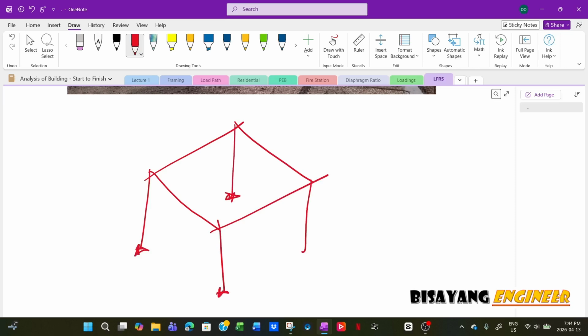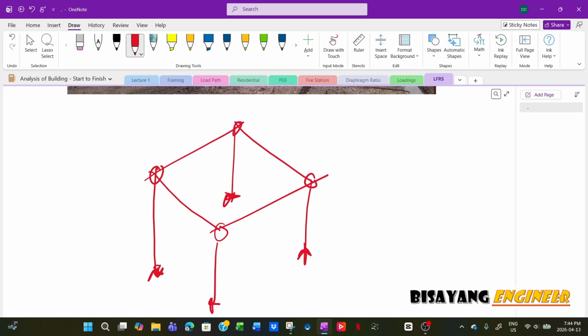Is this fixed? No, I did not use a fixed support here. What I did was this is a pin connection, this is pin, and this is the moment connection. So it's more of a portal frame system analysis.